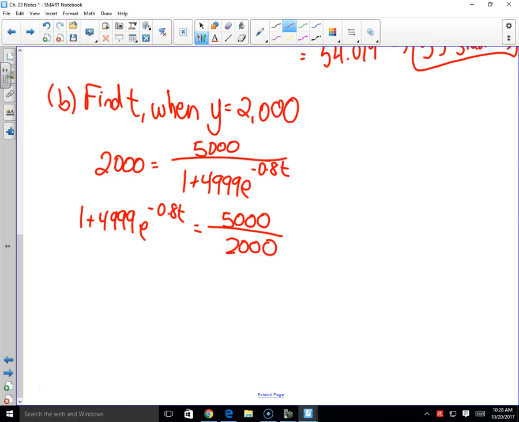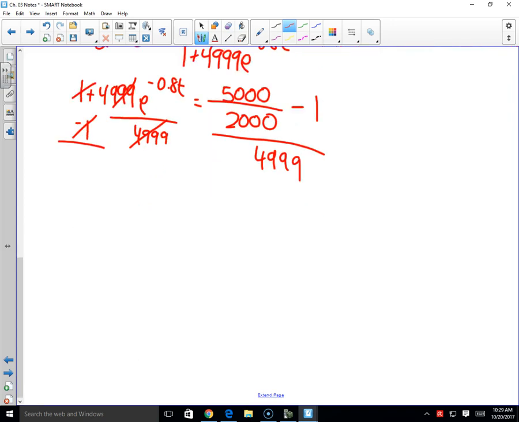Now what? Subtract 1? Now what? Divide by 4,999? Some of you would do this in your calculator like over 10 different steps. Just be careful, it's super dangerous. Then we have ln.